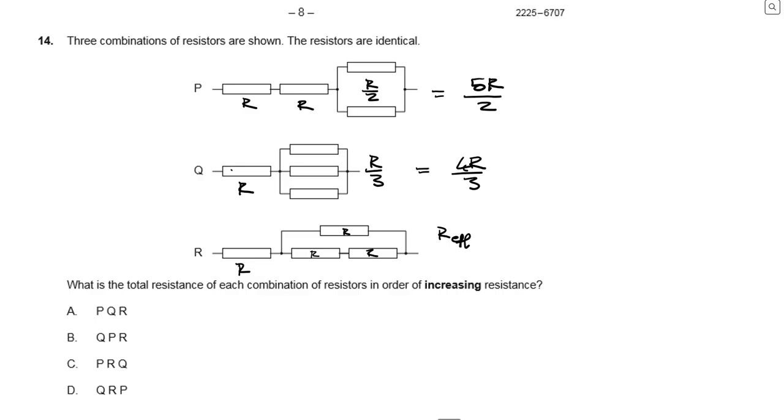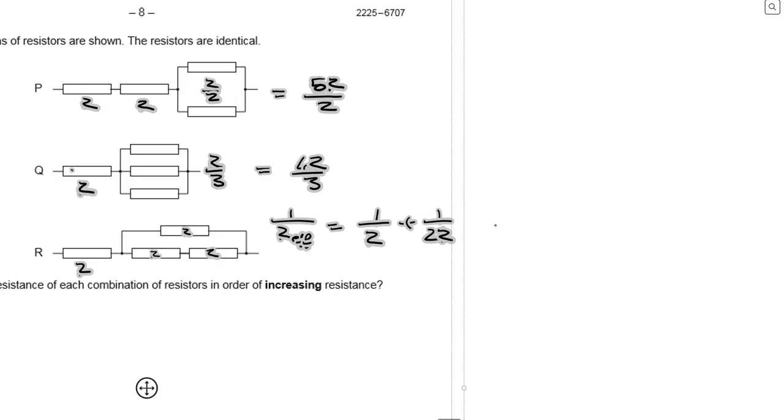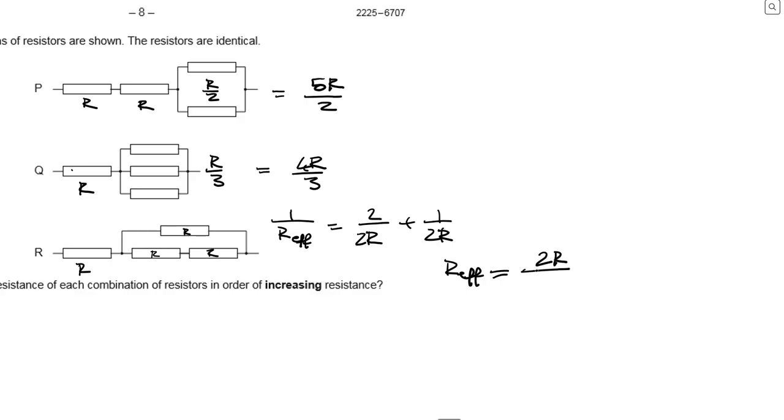R effective is equal to 1 over R plus 1 over 2R, right? Because these are taken in parallel. That means this becomes 2, this becomes 2, 3 over 2R. So R effective is equal to 2R over 3.